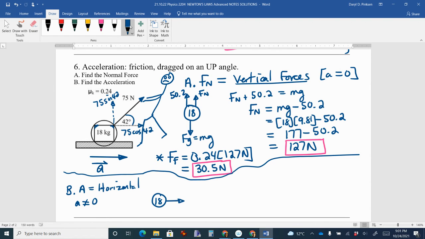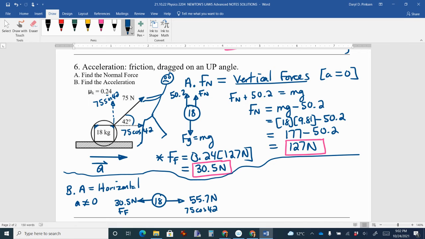We're pulling with 75 cos 42, which is 55.7 newtons. And resisting is 30.5, the force of friction. So now I'm doing two separate free body diagrams.